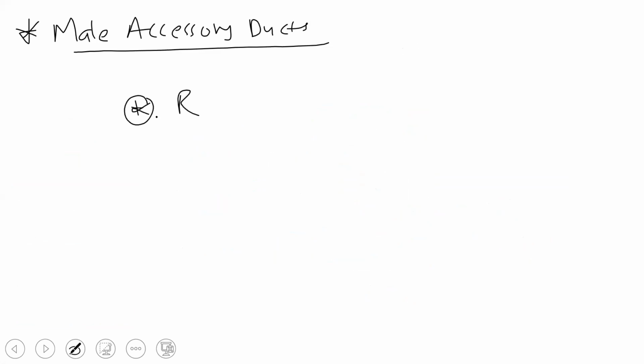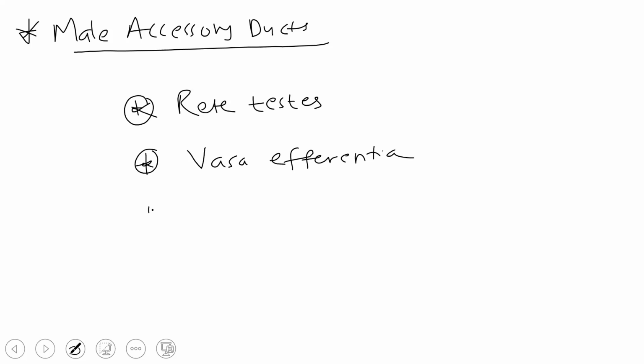Now we'll start with the male accessory ducts. We'll mainly cover rete testis. Then we'll talk about the vasa efferentia, that is the sperm carrying tube.